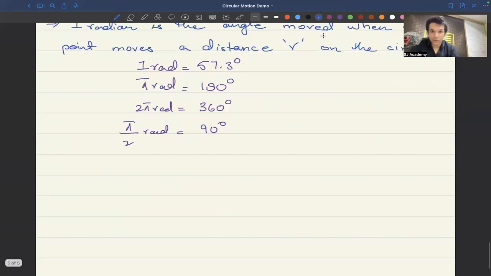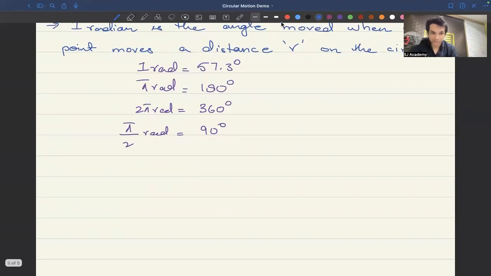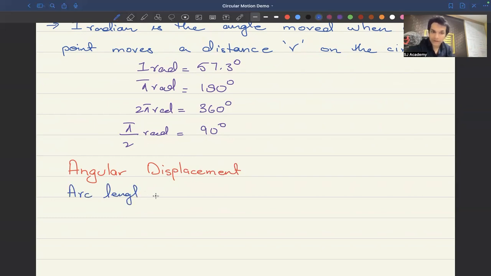Now, moving on to angular displacement. Again, those who have done AS maths will know this. So angular displacement is basically the distance moved on the circumference. Just for some quick revision, we know that the arc length, which we learned in O levels or GCSE, was theta upon 360 into 2 pi r.